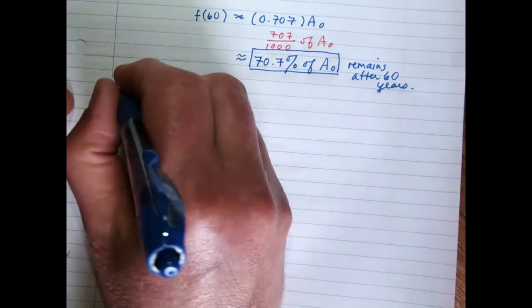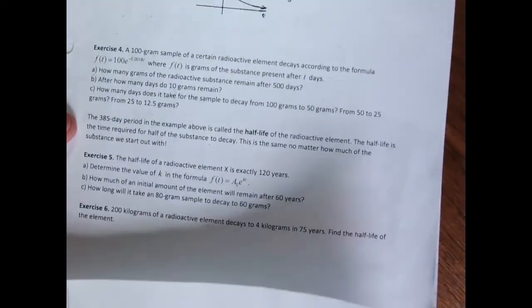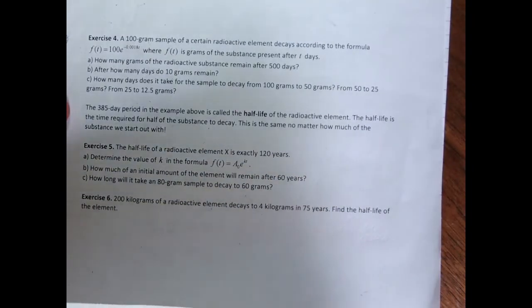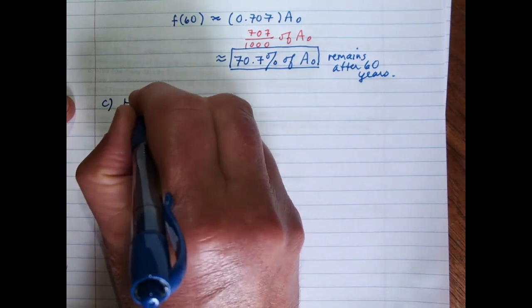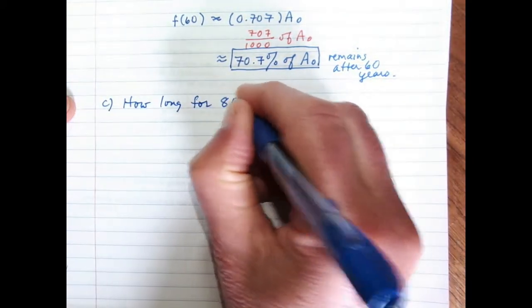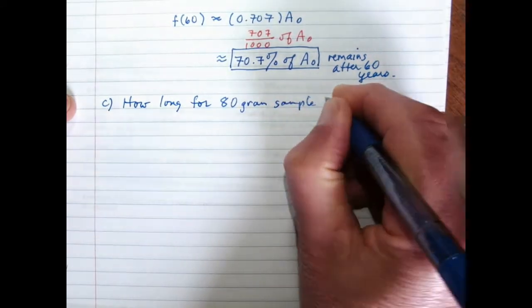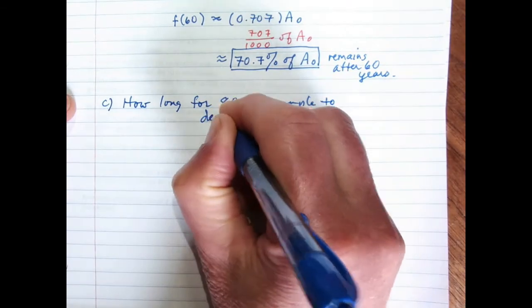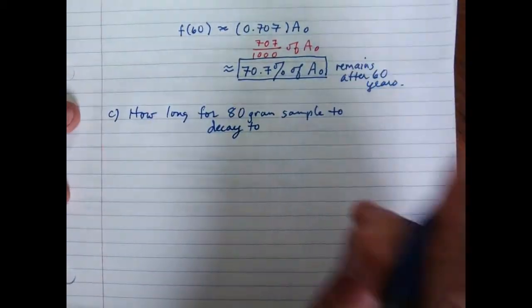All right, part C. Part C of the problem is, how long will it take an 80-gram sample, how long for an 80-gram sample to decay to, what did it say, 60 grams?